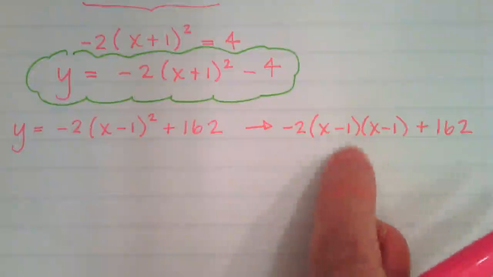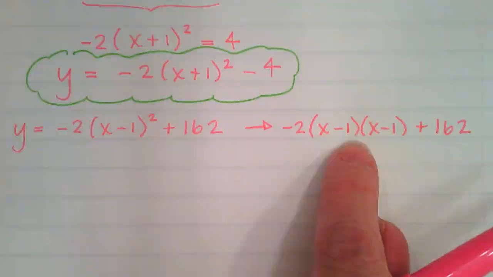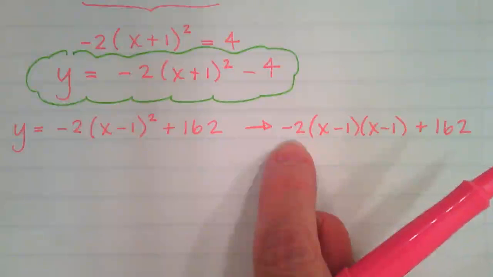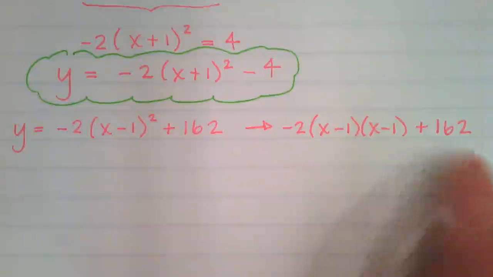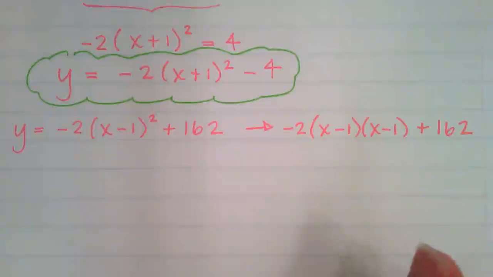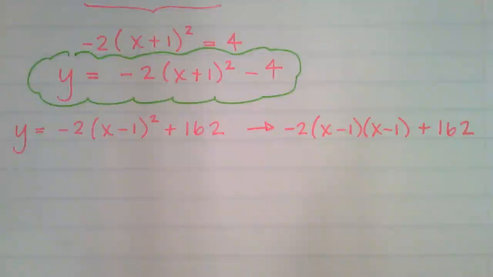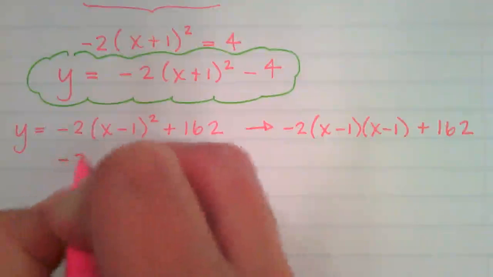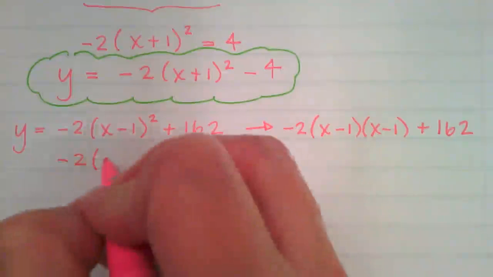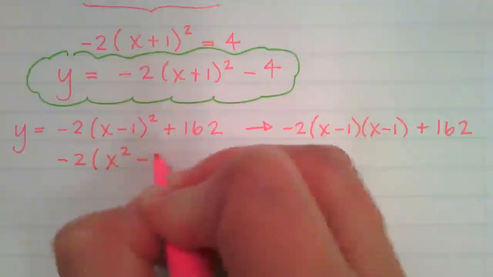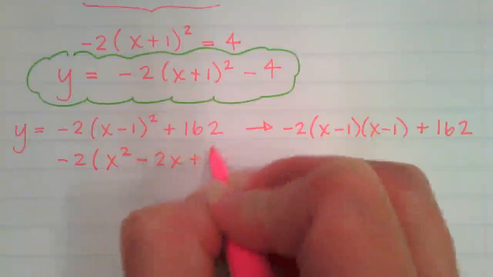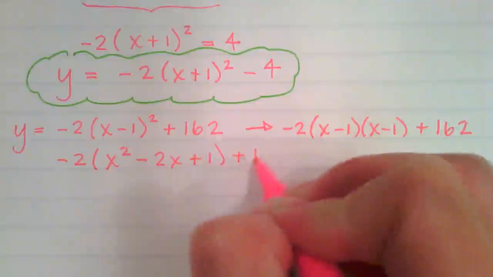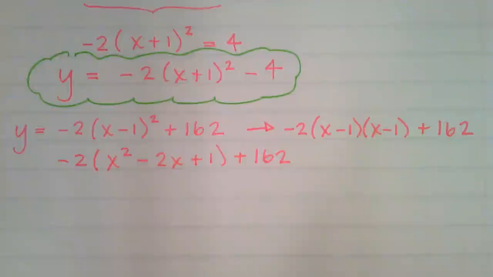So first thing we need to do is multiply our binomials together. Then we'll distribute the -2, and then we'll combine like terms. That will give us standard form. We want intercept form, which means once we get that answer, we need to factor. So first up, I'm going to multiply the binomials together, which would be x squared minus 2x plus 1, and then the plus 162.